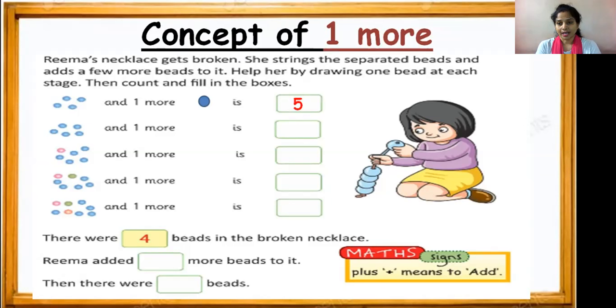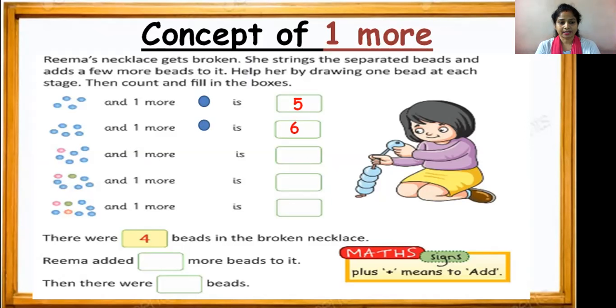Already, if she has 5 beads and one more bead she draws like this, then how many beads she has now? Yes, one more means the next number. If she has 5 beads, one more means the next number 6.